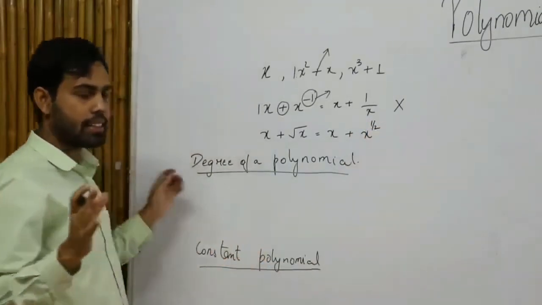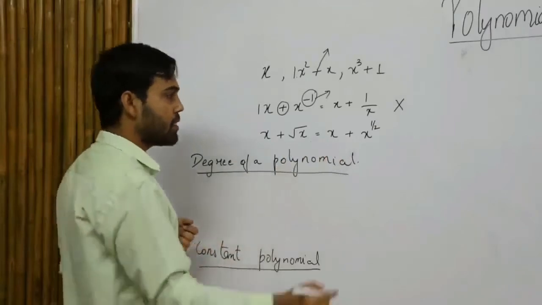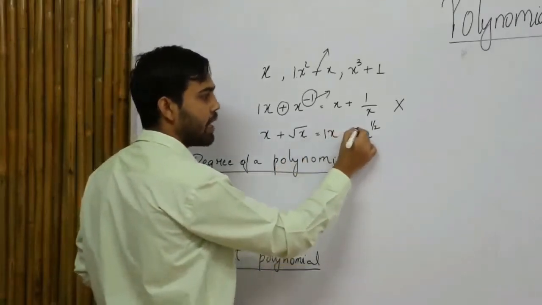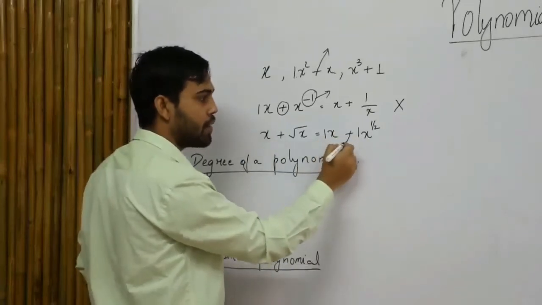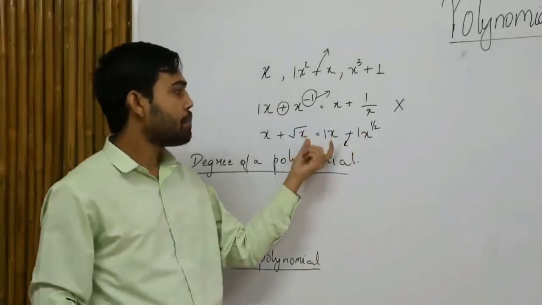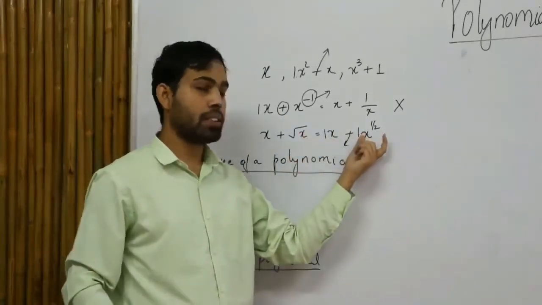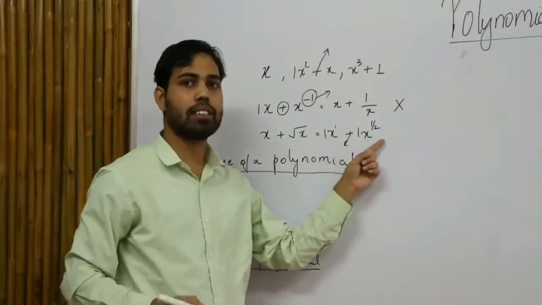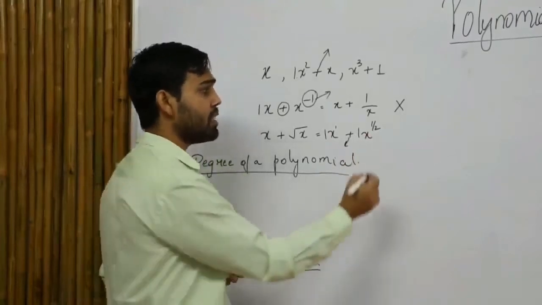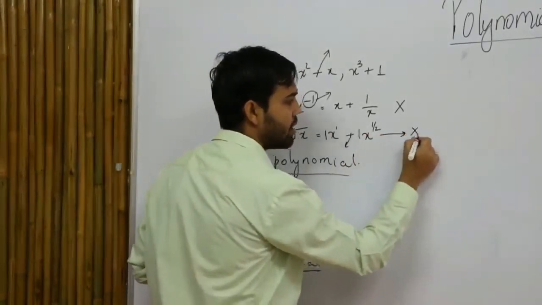So again, let us see. Do I have constants in here? Yes, I have one in here. Do I have variables in here? I have variables, and also I have an operator. But are the powers of x positive integers? The power in here is 1, but the power in here is half, which is not an integer. So this is also not a polynomial.